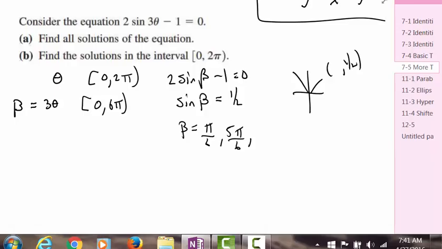How do I get the second time around? How do I get the coterminal angle with pi over 6? These are all fabulous numbers, but none of them actually represents what we go around. So if you go around 1 time, how many radians is 1 time? 2 pi. Okay, so I want to take pi over 6 and I want to add 2 pi.